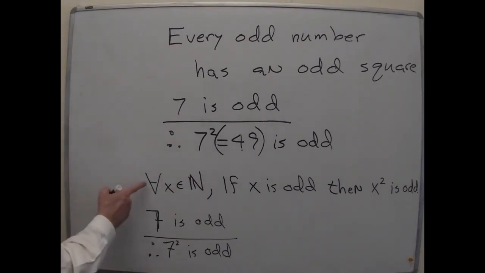If this one's supposed to be P implies Q, this one's supposed to be P of some particular thing. So what I'm looking at right there is P of 7. And what I'm looking at on the bottom line, on the conclusion, is Q of 7.